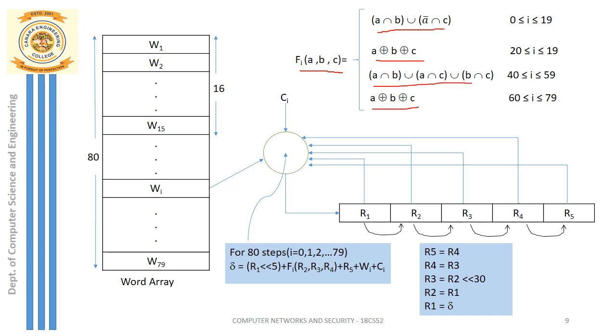This particular formula will be used for rounds 0 to 19, and this formula will be used for 20 to 39, a total of 20 rounds. This will be used for 40 to 59, and the last one will be used for 60 to 79.